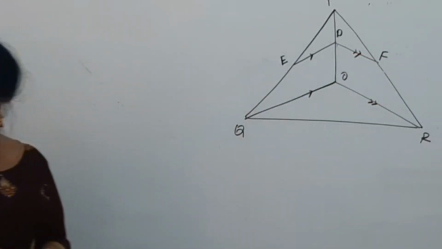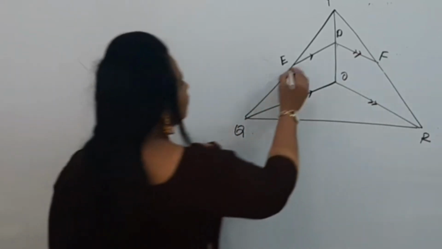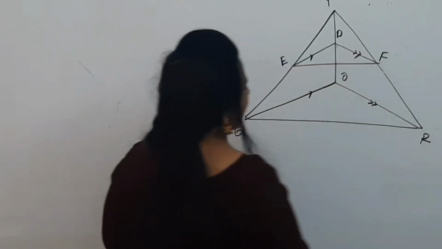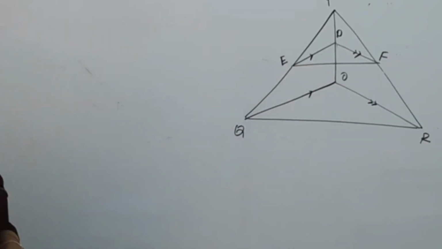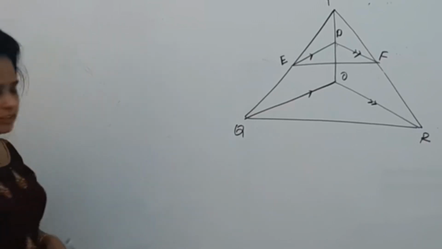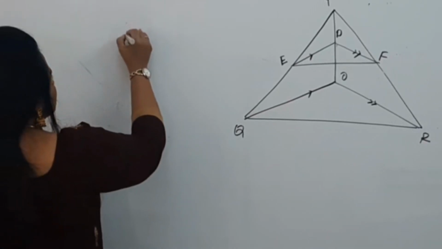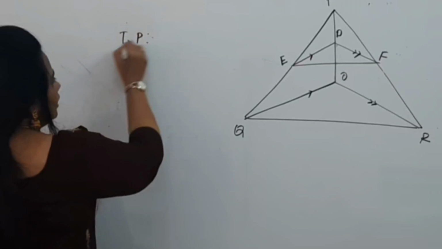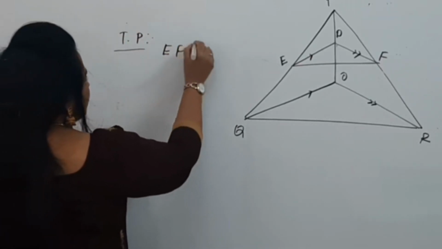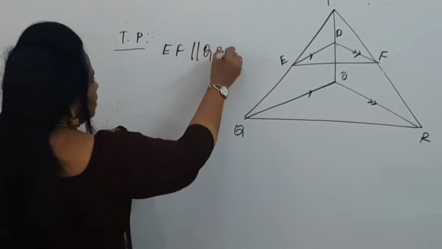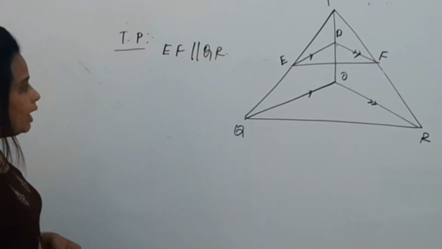It's very clear. And you have to prove, show that EF is parallel to QR. So to prove EF parallel to QR, what should you prove?